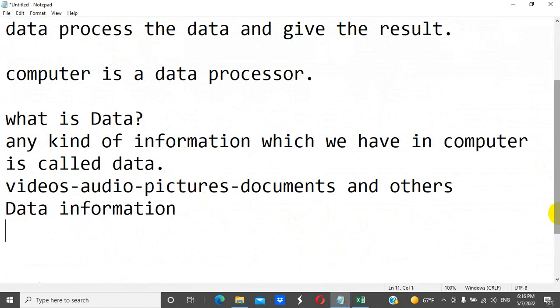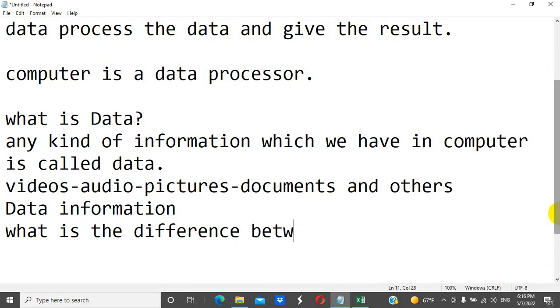So what is the difference between information and data?